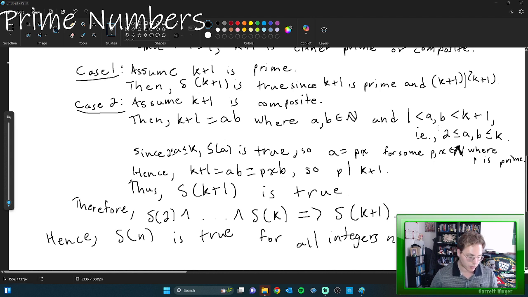And that is what we were trying to prove. So what we've shown here is that every single integer greater than 1 is divisible by at least one prime number.